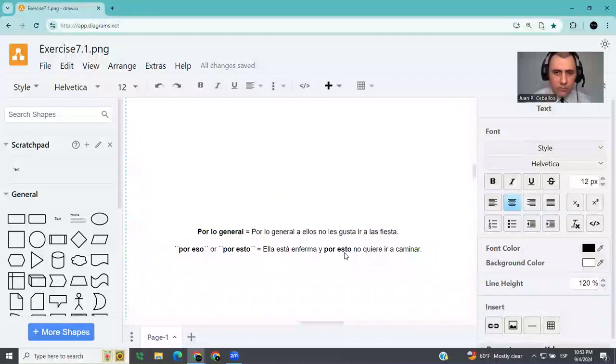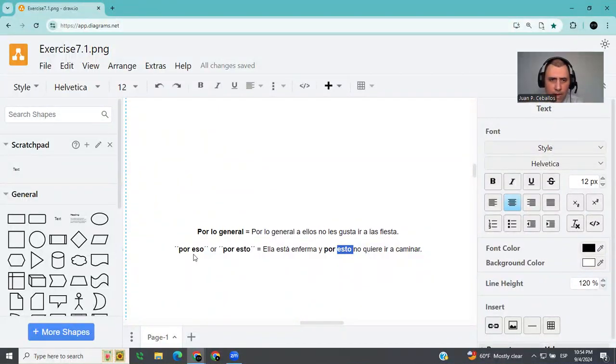So because of this and because of that is different. You use it in the same way you use because of that in English; we use it in Spanish. It expresses distance. Esto expresses something that is near, either in time or place.